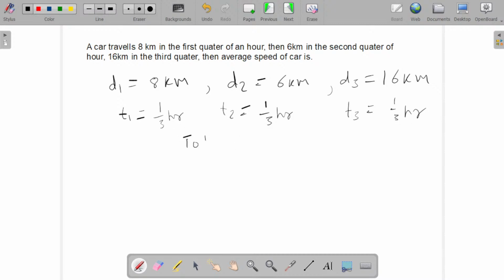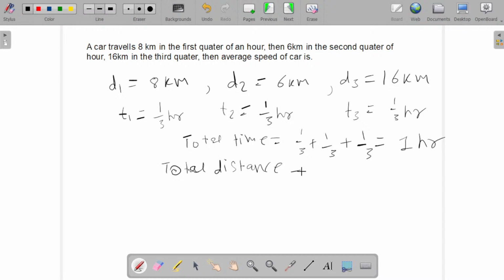So total time equal to 1/3 plus 1/3 plus 1/3, so it will be 1 hour. So let's find total distance. Total distance will be 8 plus 6 plus 16. 8 plus 6 is 14, 14 plus 16 equal to 30 kilometer.